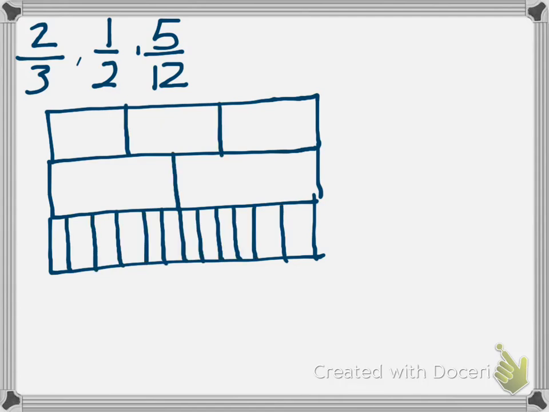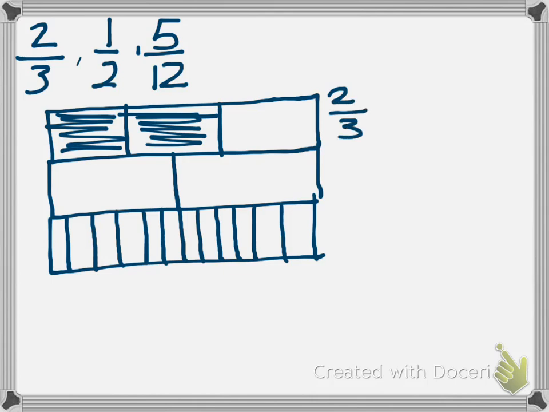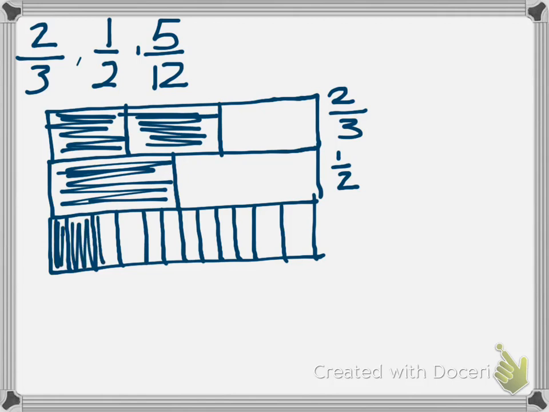Okay, here I've drawn out my boxes, and now I'm going to start shading them. 2/3, 1/2, and 1, 2, 3, 4, 5, 6. Oh, it's only 5. Okay.